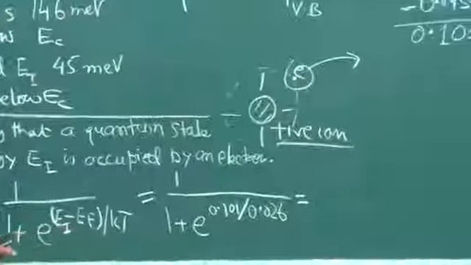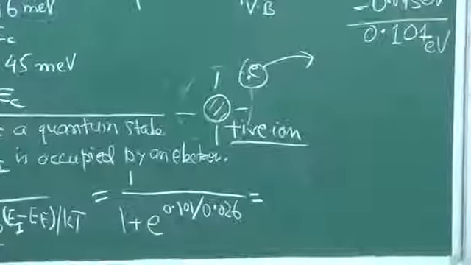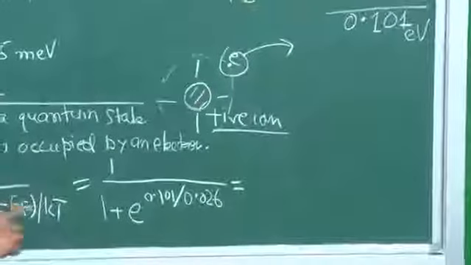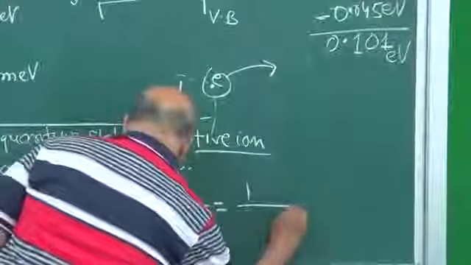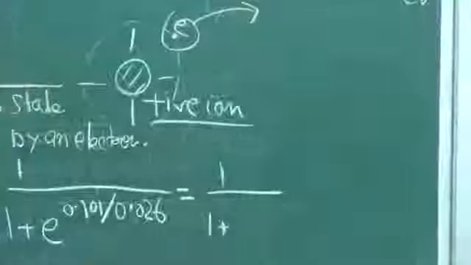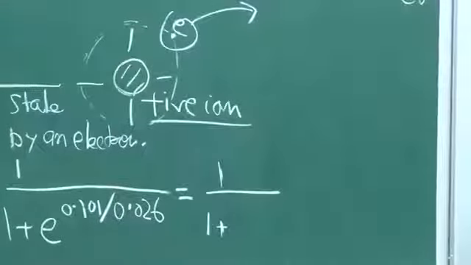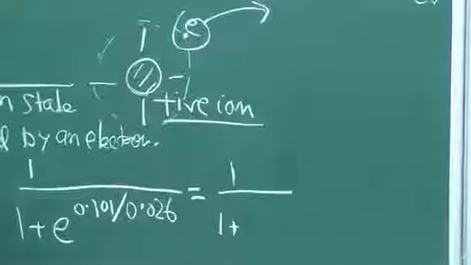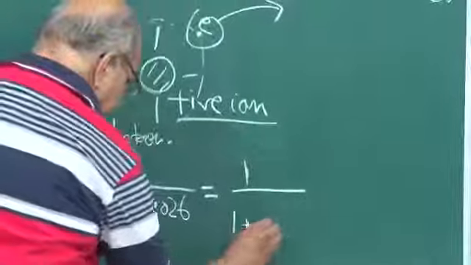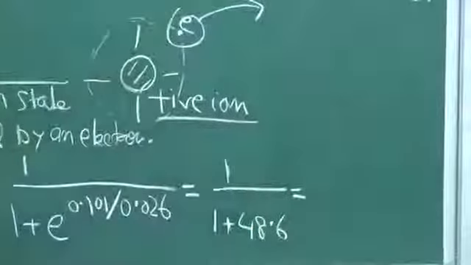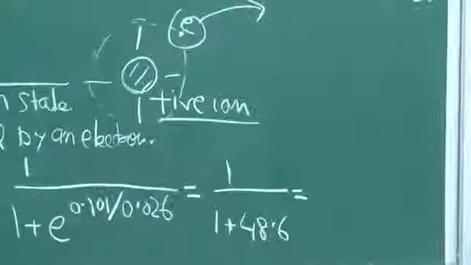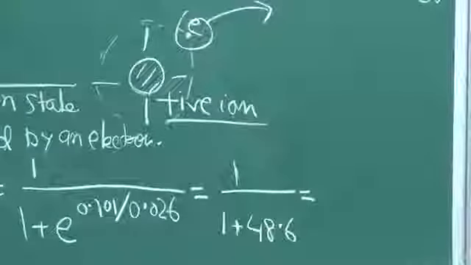0.101 divided by 0.026, and e to the power of that works out to 48.6. So that is 1 divided by 1 plus 48.6, which is 1 divided by 49.6, almost 0.02.